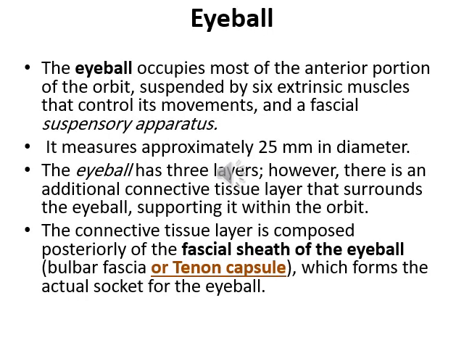The eyeball is about 25 mm in diameter. It is composed of 3 layers: outer, middle, and inner layer. And each eyeball occupies most of the orbit. The connective tissue layer that surrounds the eyeball, in addition to the 3 layers of the eyeball, has an additional Tenon fascia, or we call it the fascial sheath of the eyeball.